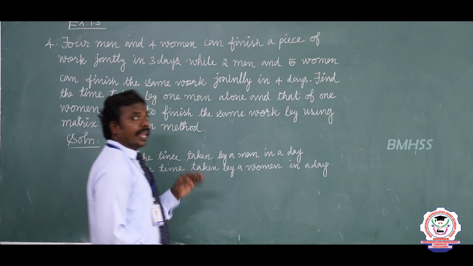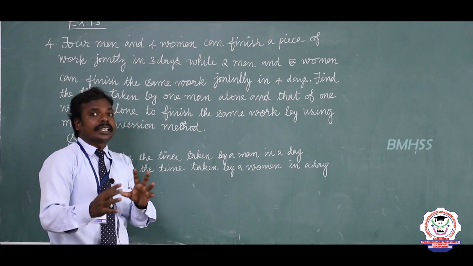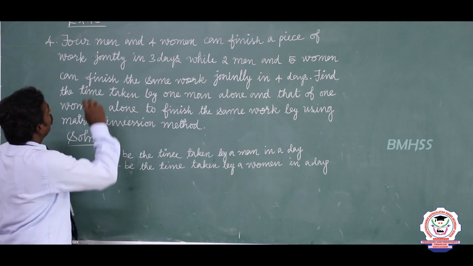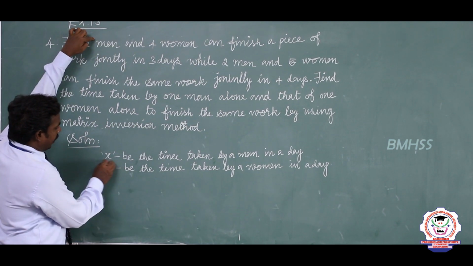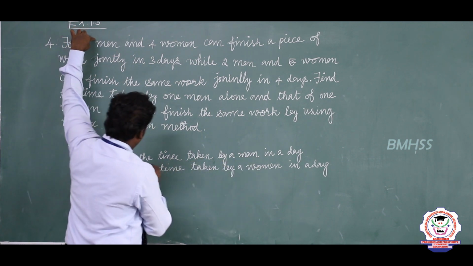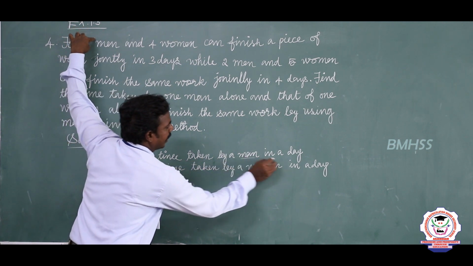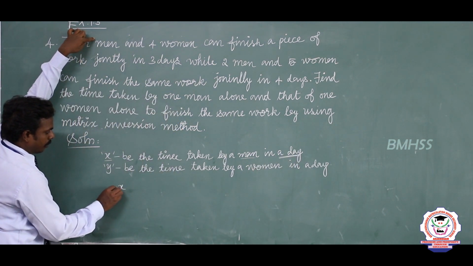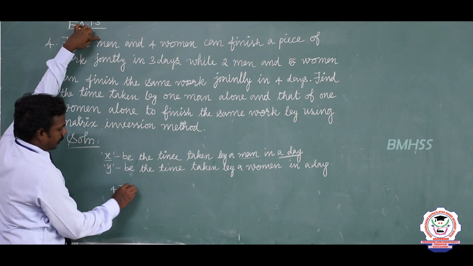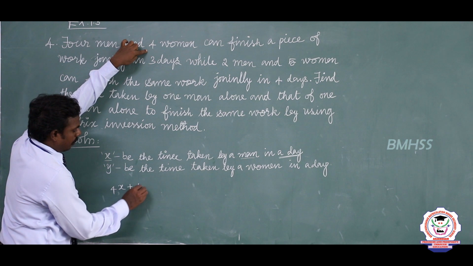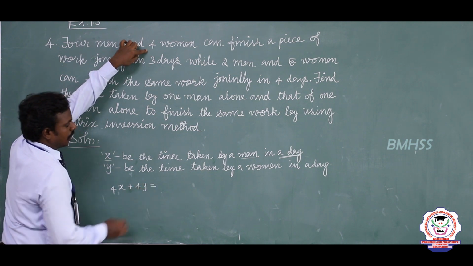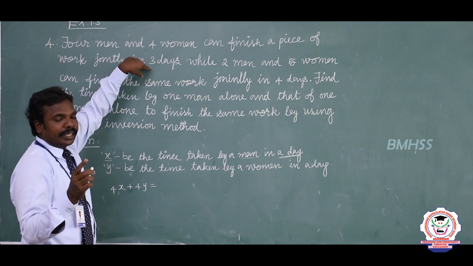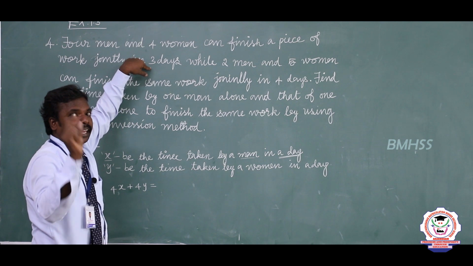So both men and women, how much work can they finish within 1 day? Listen, 4 men and 4 women. X is the work by a man in 1 day. So 4x plus 4y is equal to, since totally they are taking 3 days, now I am asking how much work they can finish in a day.